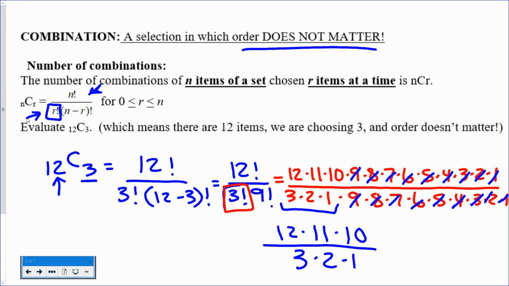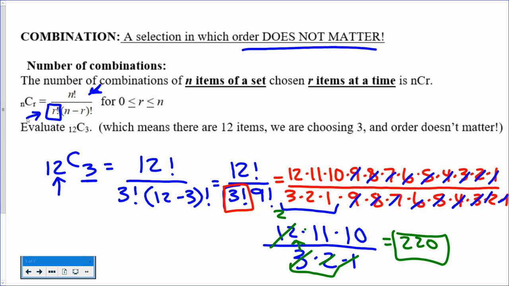You can go ahead and multiply out the top, then divide by 6 on the bottom. You can do some other little tricks, like 3 times 2 is 6, and 6 goes into 12 two times. So then I'm taking 2 times 11, which is 22, times 10 is 220.